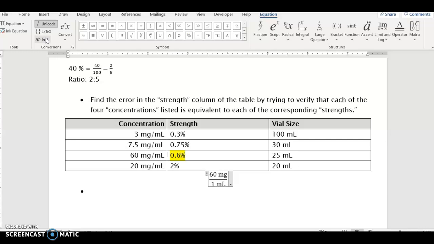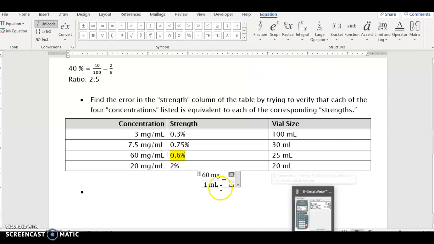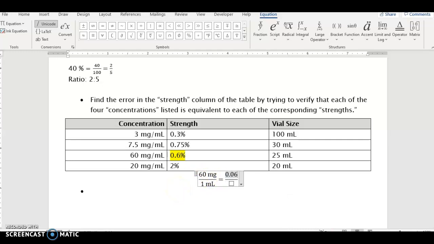When we convert the 60 milligrams into grams, you divide by 1,000, or move the decimal point 3 places to the left, so 1, 2, 3. This becomes 0.060 grams over 1 milliliter.